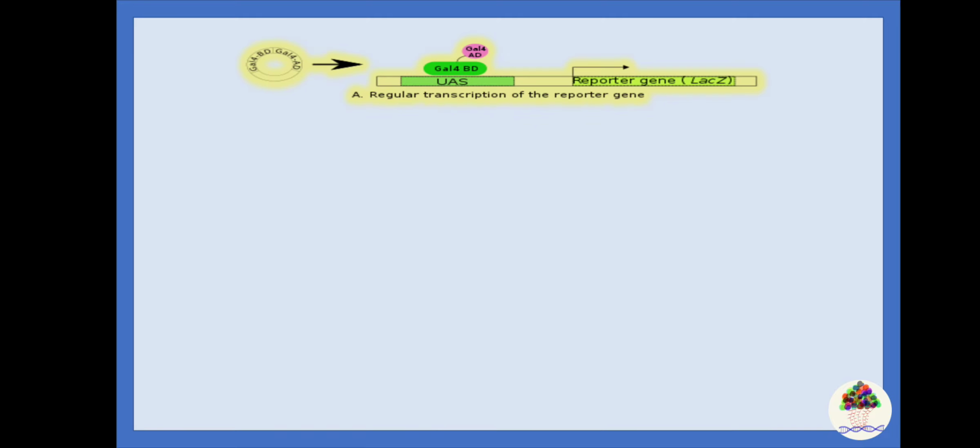So there may be four cases. The first one is the normal case where we are not conjugating the bait and prey proteins into the plasmids. In that case, the reporter gene will be expressed because of the activation domain and the DNA binding region.